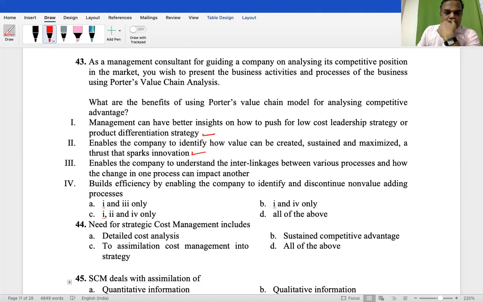Enables the company to understand the interlinkages between various processes. Builds efficiency by identifying and discontinuing non-value adding processes. So the right answer is all of the above. Correct.